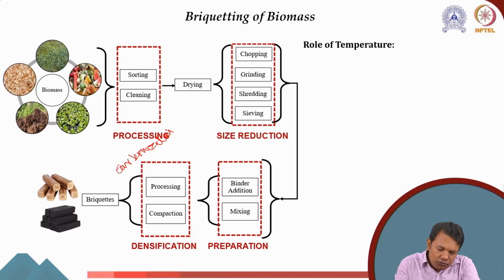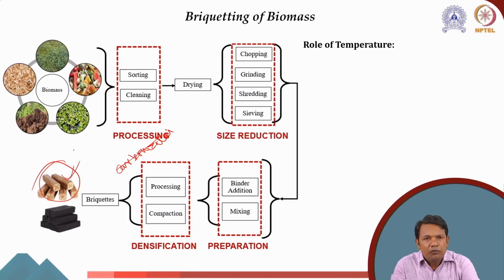If we don't use the carbonization furnace, we will get briquettes like this, which we call woody briquettes, or similar to wood. While if we use a carbonization furnace or heating, we will get this kind of briquettes, which is mostly like charcoal.